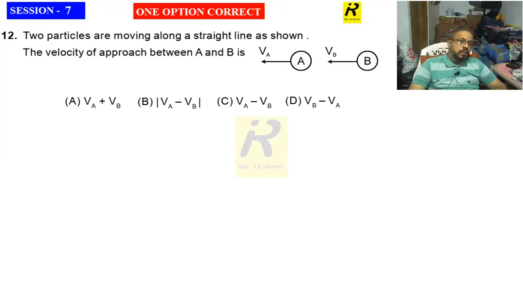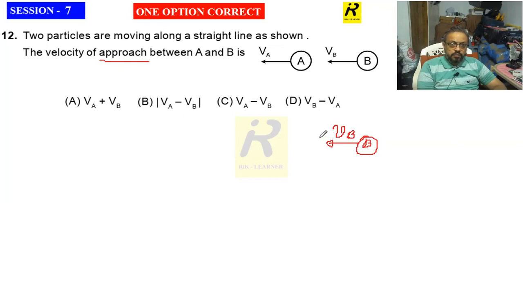In this question, we have two particles, A and B, moving in the same direction as shown. They are asking the correct meaning of the velocity of approach among the given choices. For that, we have to assume like this: velocity of approach. Let me assume B is moving in the same direction with the velocity VB.